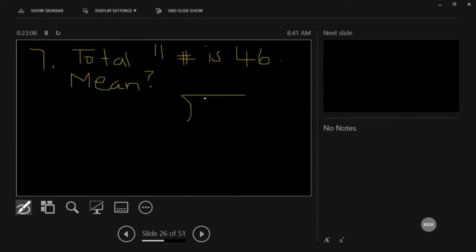46 divided by 11. So 11 into 46 goes 4 times, and that remainder, 44, so it's remainder 2. And 11 into 20 goes 1 time.